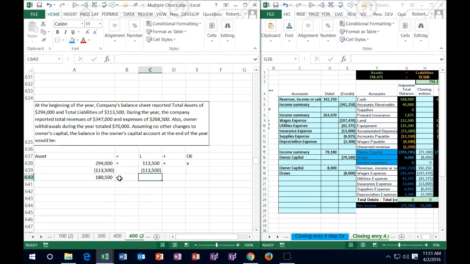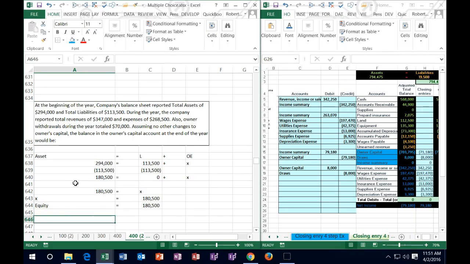That now equals, and then of course the liabilities we just reduced to 0, plus X. So 180.5 equals 0 plus X. And if we rewrite that, if 180.5 equals X, then X equals 180.5. We know that X is equity, equal to the 180,500.